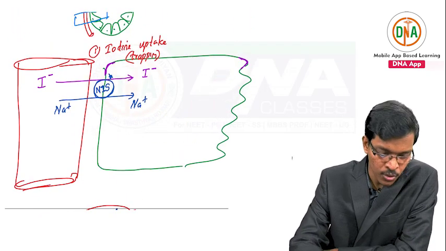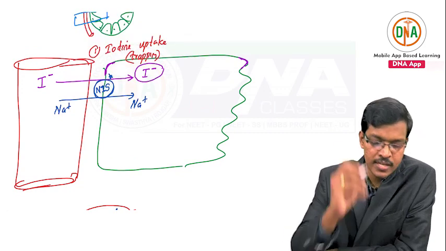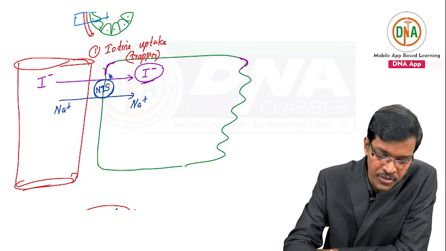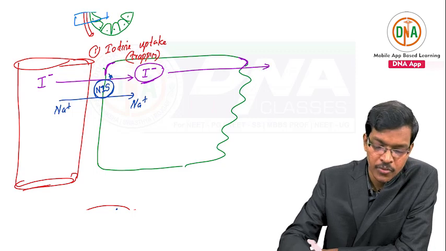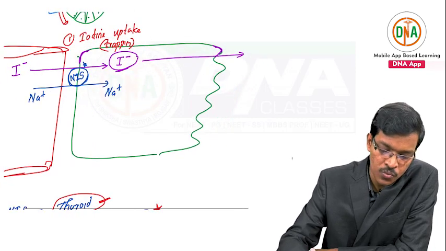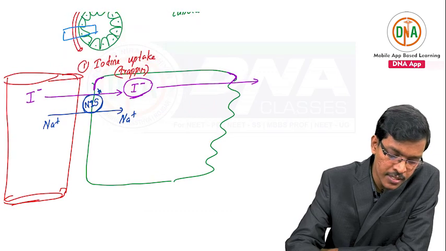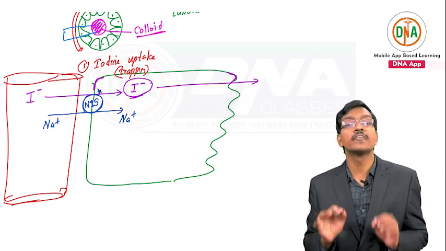Fine. Now, the iodine which has reached here, what is the next step? What happens to this iodine? The iodine will be transported across this apical membrane to what will be present here? What will be present here in the thyroid follicles? Colloid. So the follicles are actually filled with colloid.